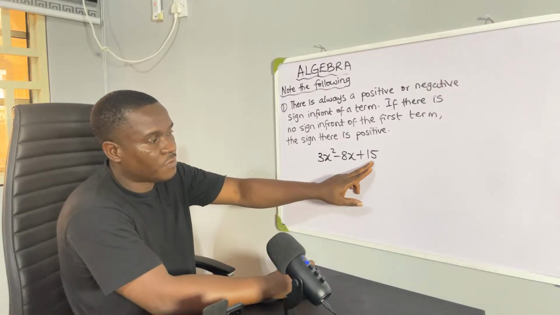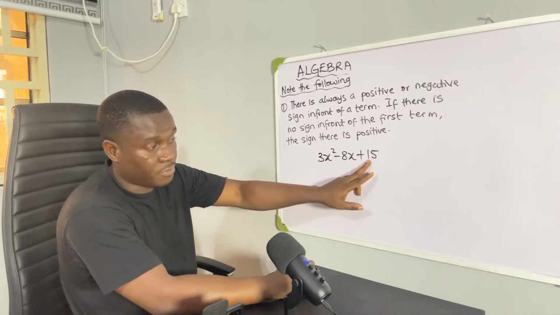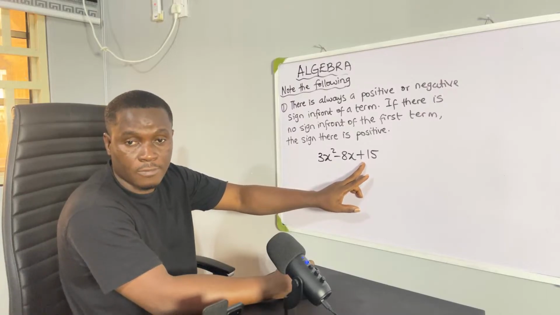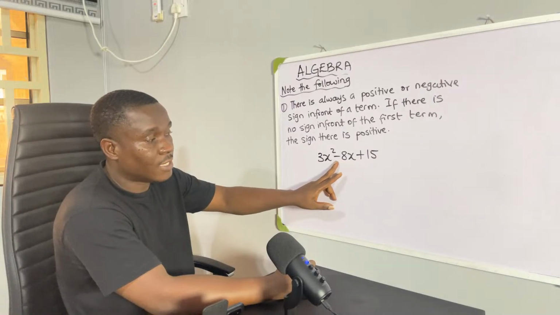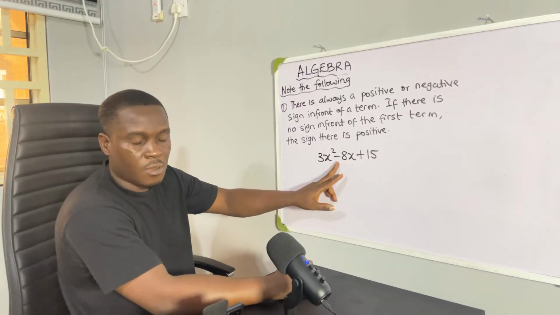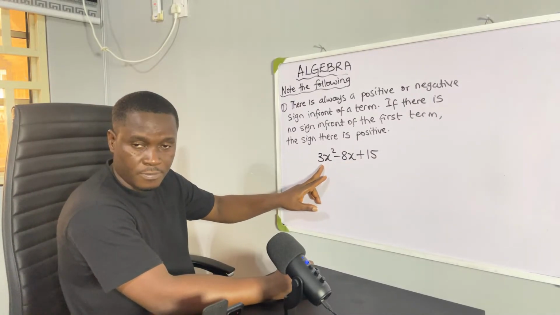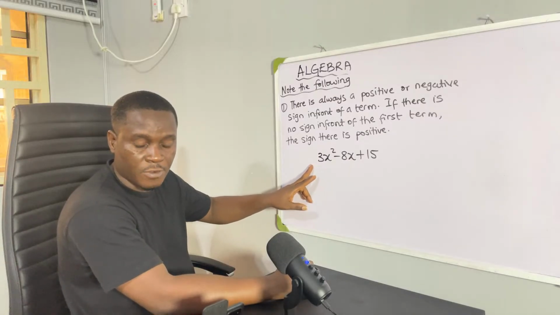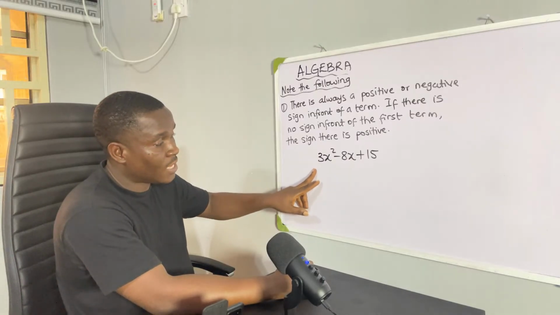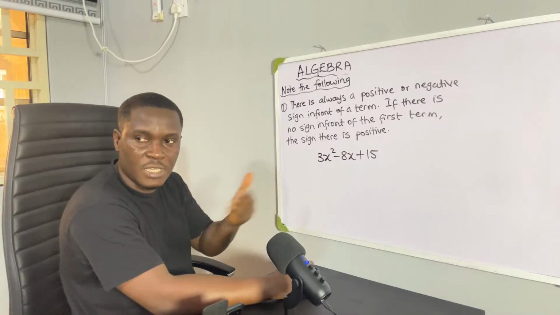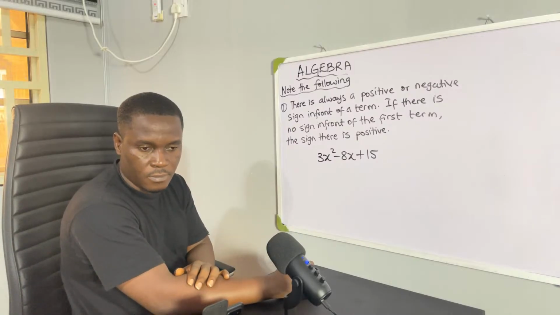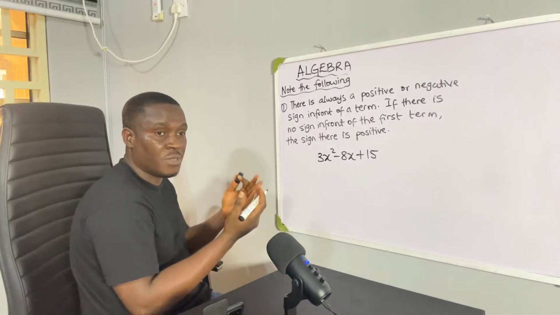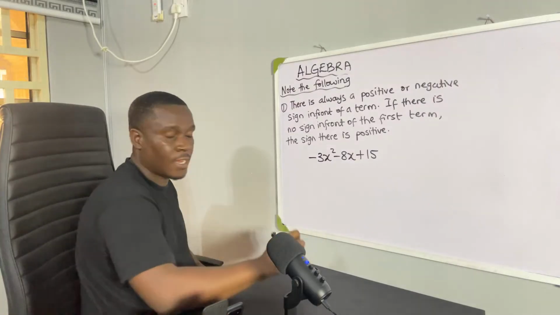You can't have a term without having a sign in front of it. If you look at 15, which is the last term, you can see that there is a plus sign here. If you look at 8x, you can see that there is a negative sign here. But if you look at the first term, there is no sign in front of it. When there is no sign in front of the first term, it does not mean that there is no sign there. It means that there's an invisible positive sign there. If it is supposed to be negative, it will be shown clearly.